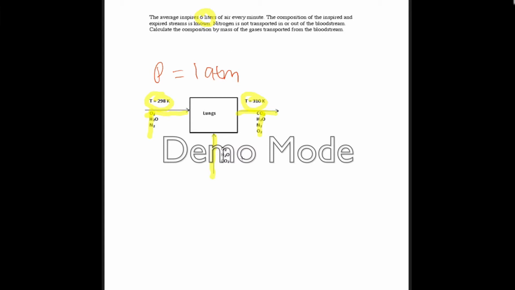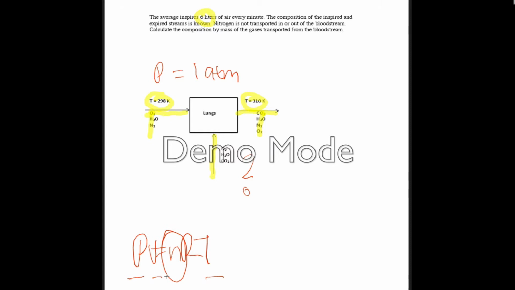So what you're trying to find right now is the mass composition of the stream of gases being transported from the bloodstream to the lungs. In this problem, PV equals nRT is an appropriate assumption. So you would be able to use this to find the number of moles in the inspired stream, since you know the pressure, you know the volume, and you know the temperature.